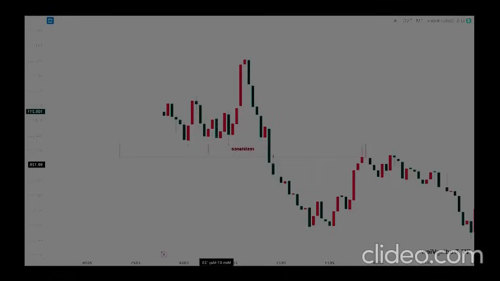And when the support has been broken, then that turns to resistance. That's it.